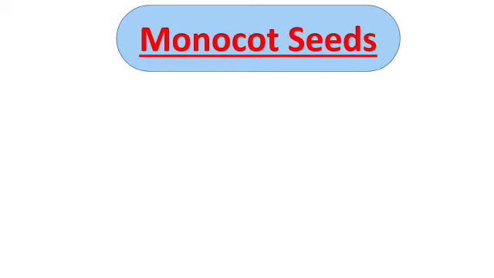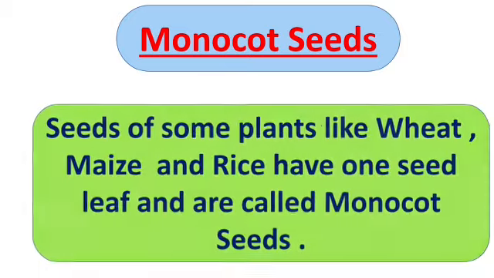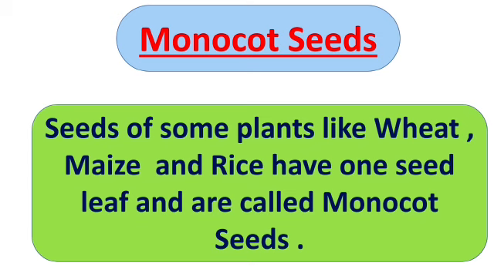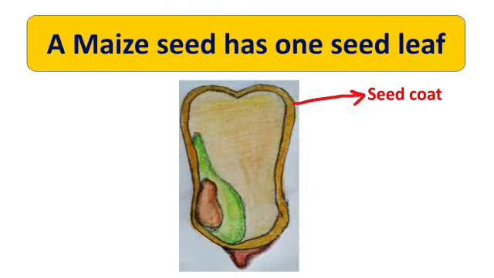Okay, understood. Next we will see monocot seeds. Seeds of some plants like wheat, maize and rice have one seed leaf, that is one cotyledon only, and are called monocot seeds. This is a picture of a maize seed cut in two halves.